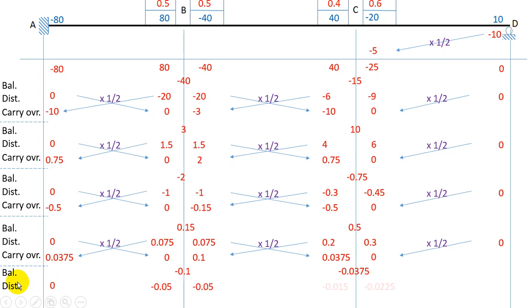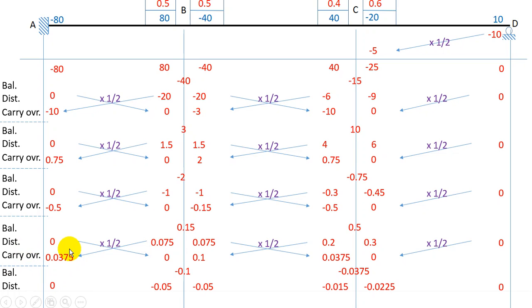So my distribution step is here complete, and since I could not end my fourth iteration on the carryover step, we had 4 iterations earlier, right? I had to do another iteration and end it on the distribution step. So this completes our iteration process.